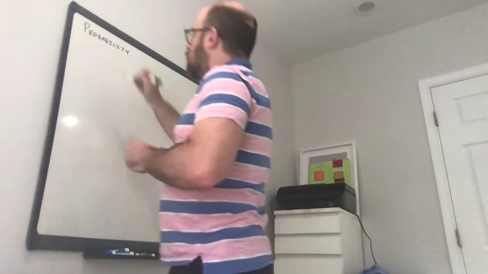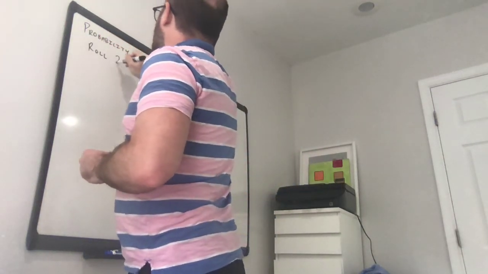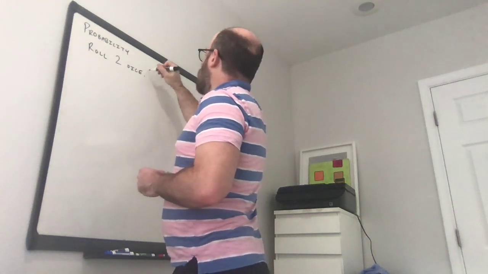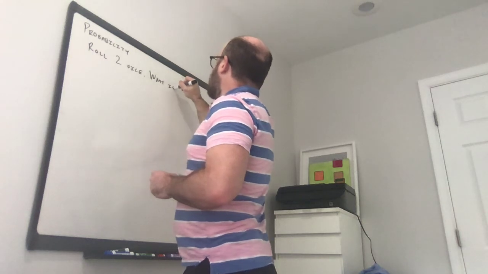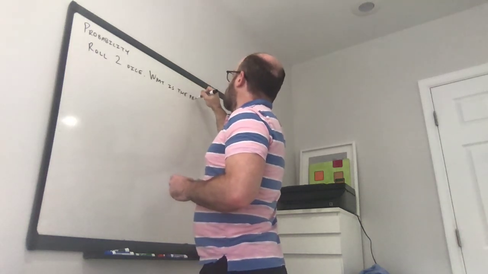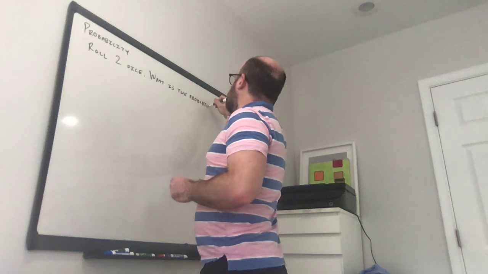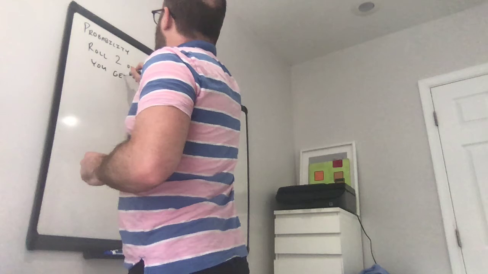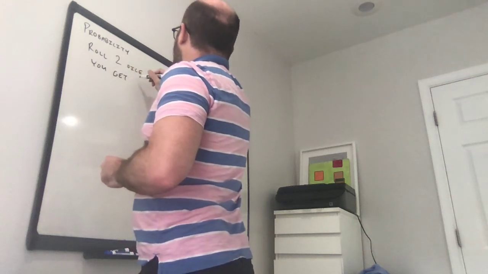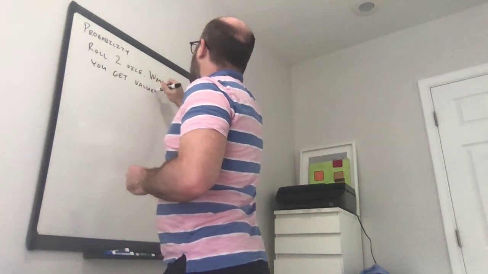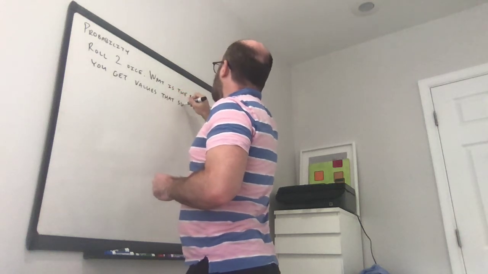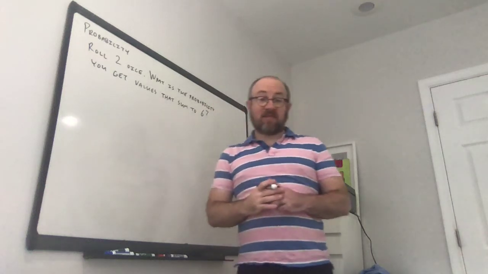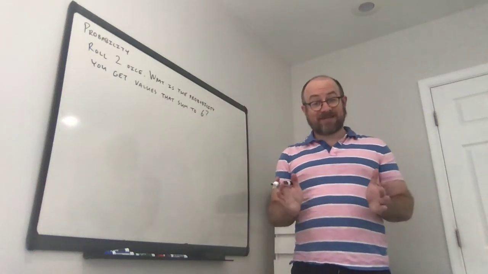So let's say that you roll 2 dice, and what is the probability you get values that sum to 6? Okay, so what's the probability that these 2 dice that you roll, that they add up to 6?